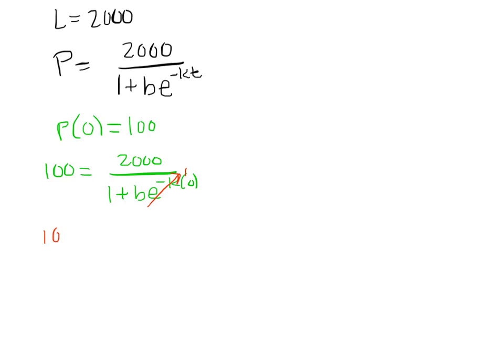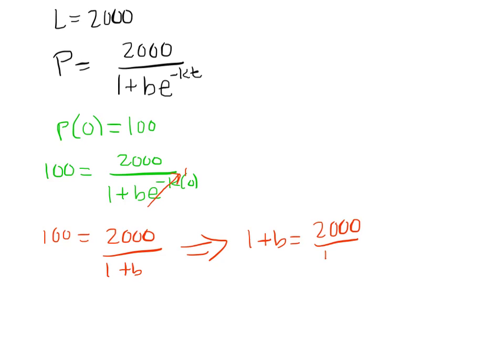So now I have 100 is equal to 2,000 divided by 1 plus B. To solve for B, I multiply both sides by 1 plus B and divide by 100, which gives me 1 plus B is equal to 2,000 divided by 100, or 20, so B is equal to 19.